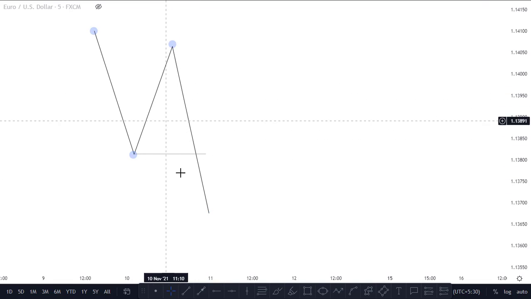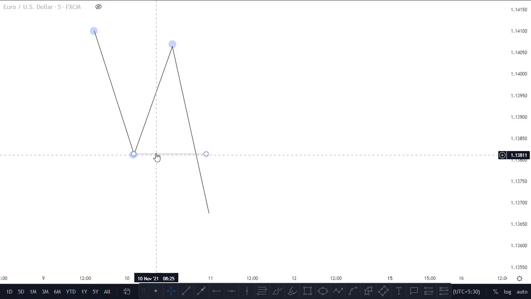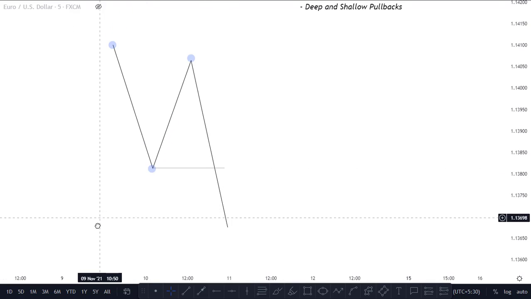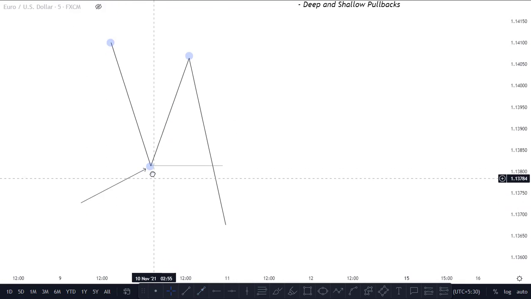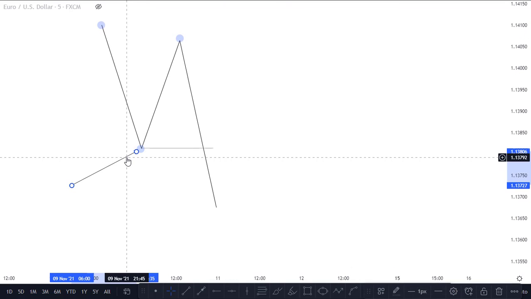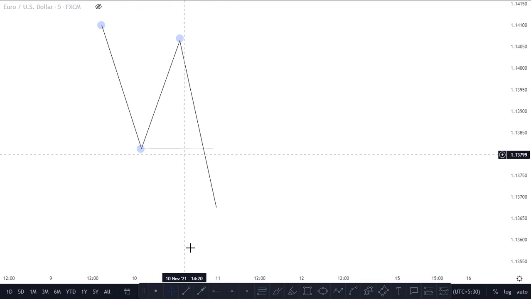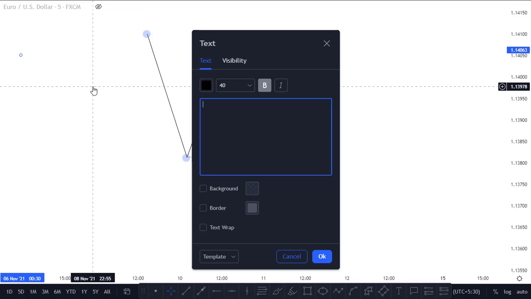Once you have the market trading below this area, breaking this area, that's when we say you have got a break of structure.